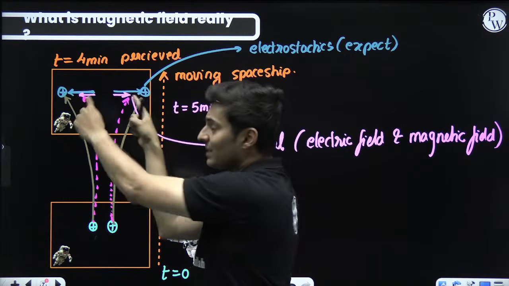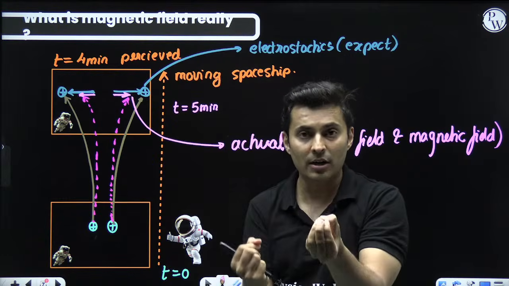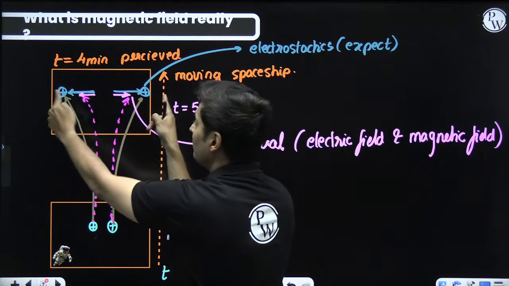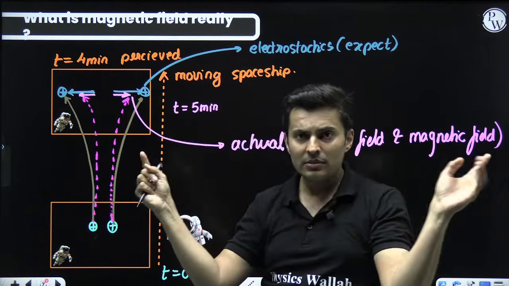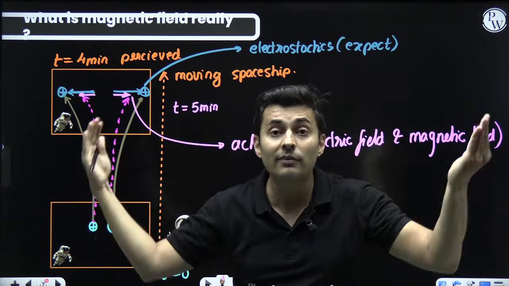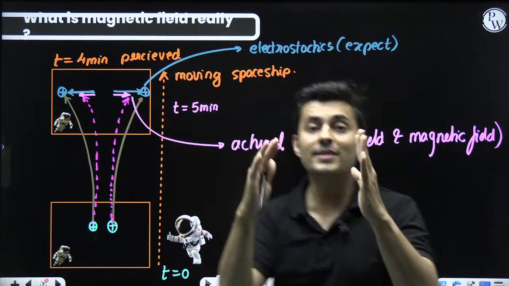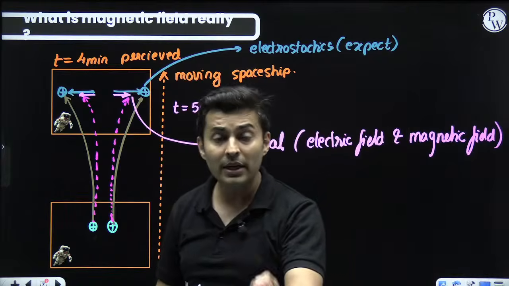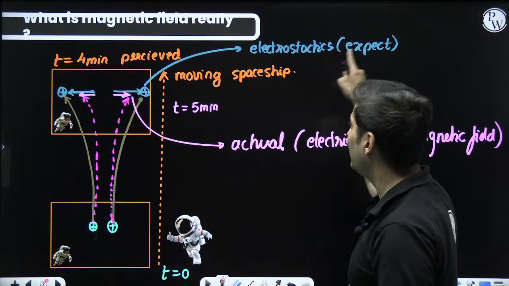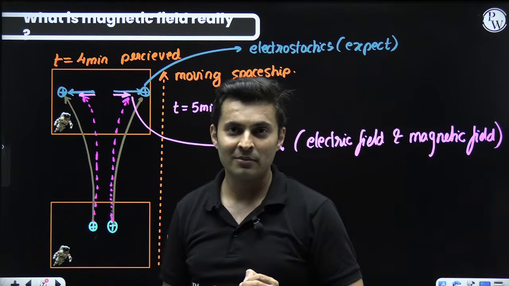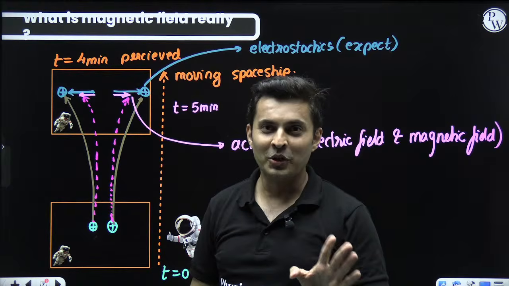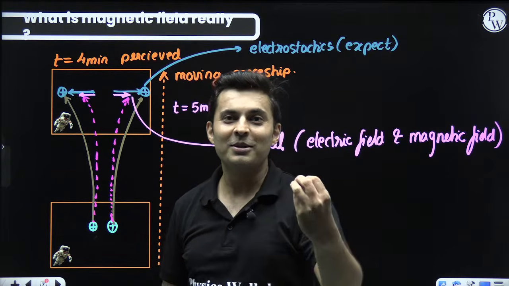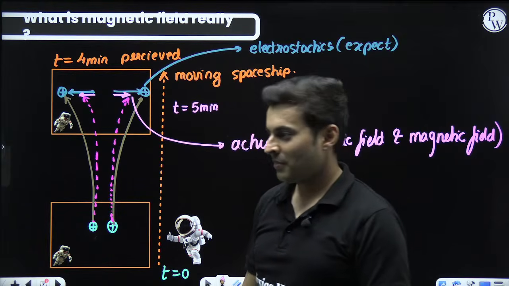The difference between what he expects and what happens, he will say, comes because of this mysterious quantity called the magnetic field, because it couldn't be explained by the electrostatic field. So magnetic field is just something you see when charges are moving.